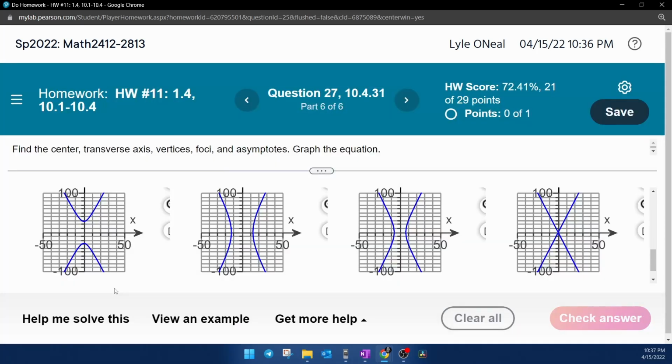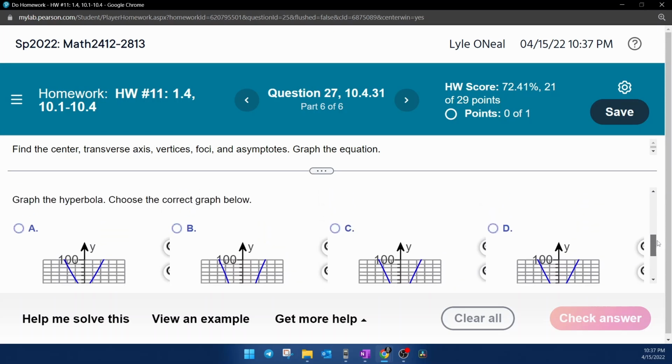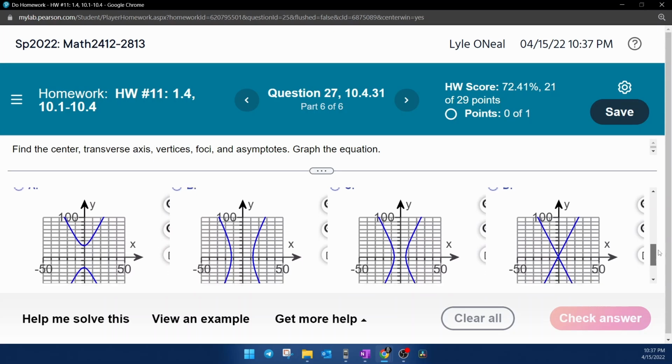And again, we're going to have to pick the appropriate graph. Notice that answer choice B and C both have a horizontal transverse axis. Answer choice A does not have a horizontal transverse axis, and I don't even know what's going on with answer choice D. It looks like all they've graphed is the asymptotes. And it clearly says graph the hyperbola, not just the asymptotes.